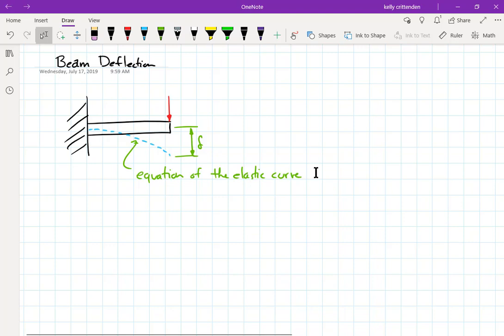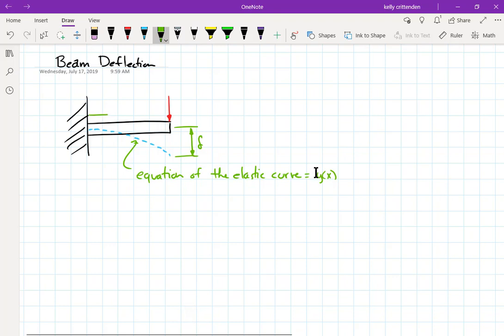So how we're going to go about today, we're going to look at how this stuff works from a theoretical sense and how you can develop any equation of the elastic curve. This would be something like y of x, the y component of any one of these x coordinates.